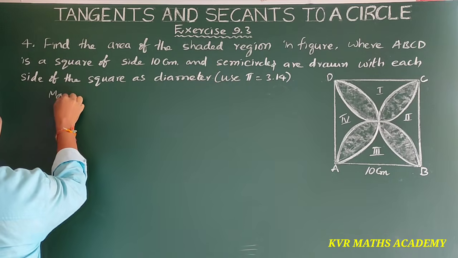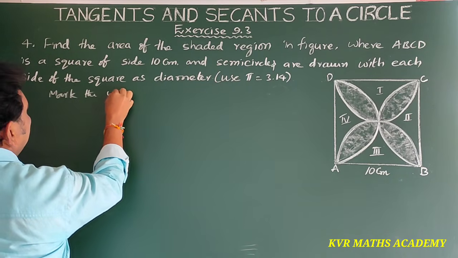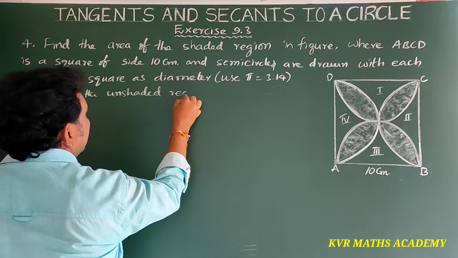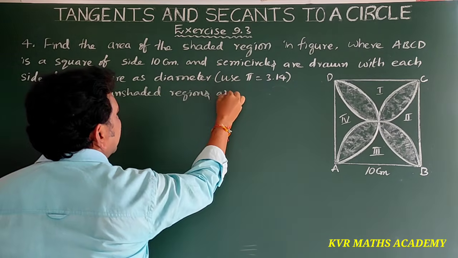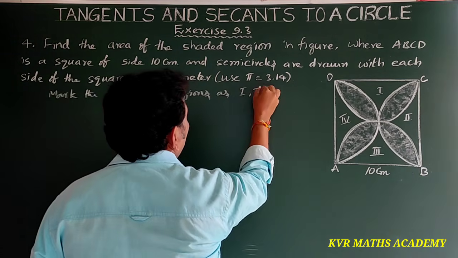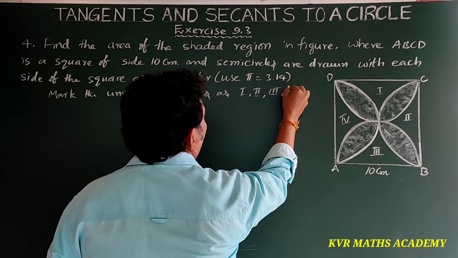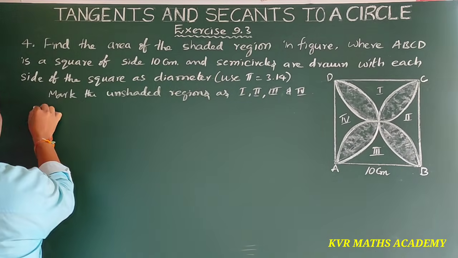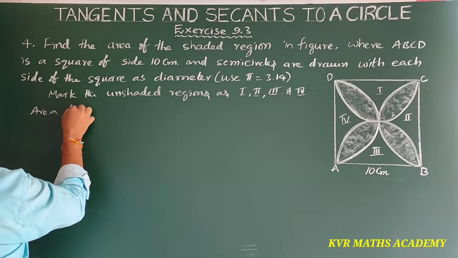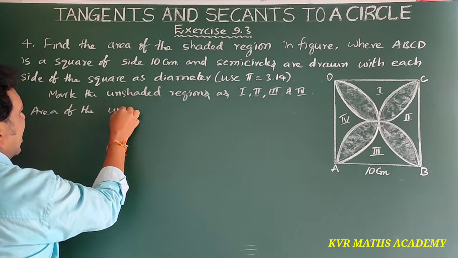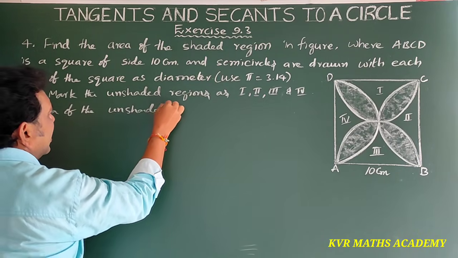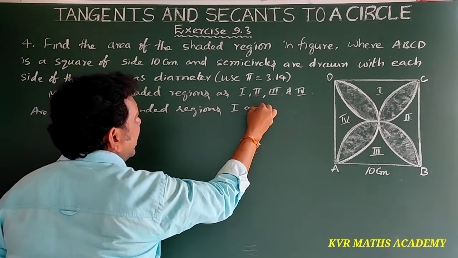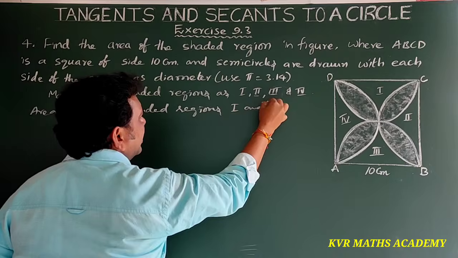First, mark the unshaded regions as 1, 2, 3 and 4, right? Yes. First, area of the unshaded regions or portions 1 and 3, let us find 1 and 3.